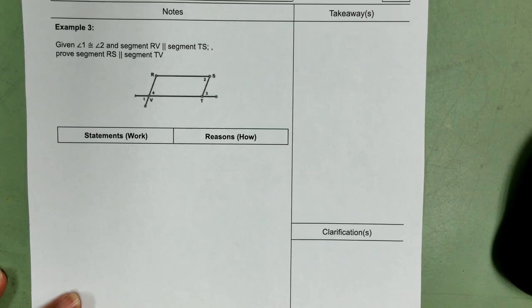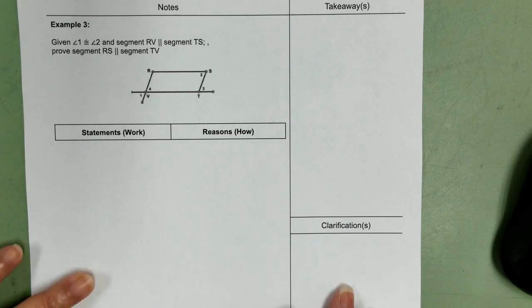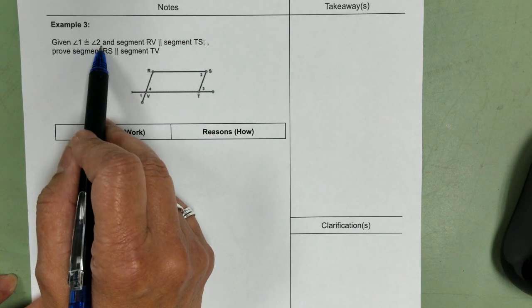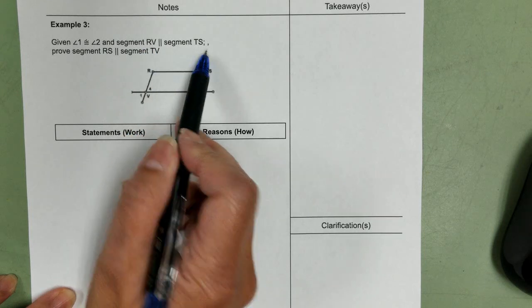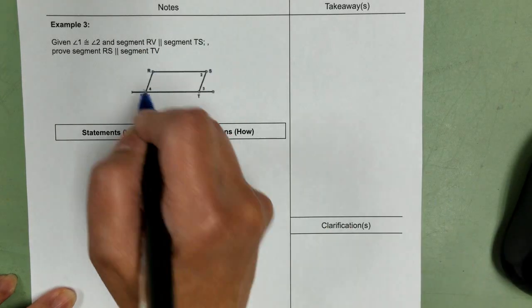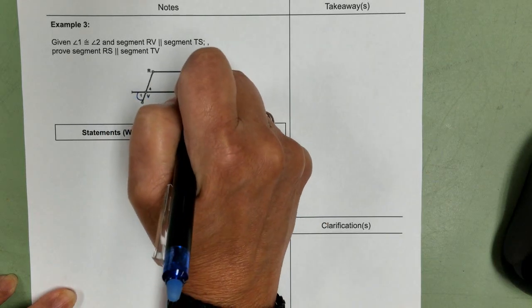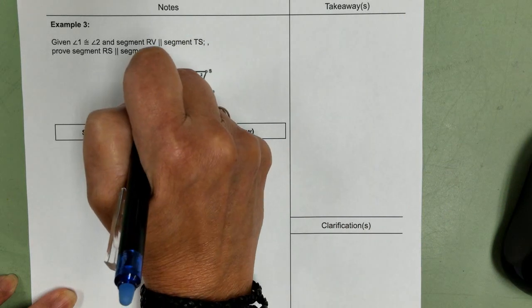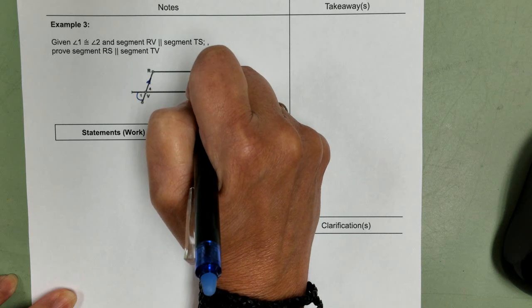Okay, this last example, we're given nothing but the diagram and what we're supposed to prove. Okay? So we are given that angle 1 is congruent to angle 2 and segment RV is parallel to segment TS. So I'm going to mark my diagram first. Angle 1 is congruent to angle 2 and segment RV is parallel to segment TS.